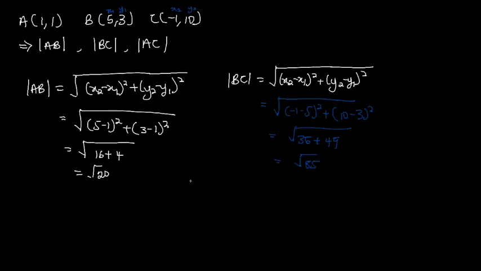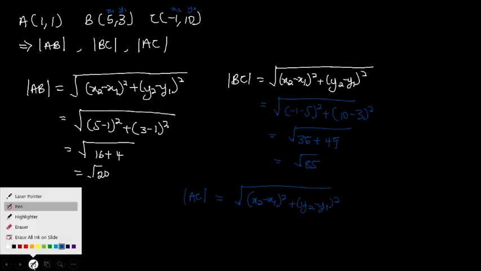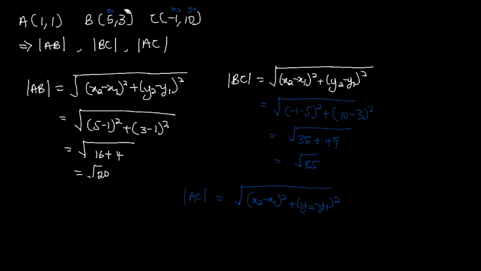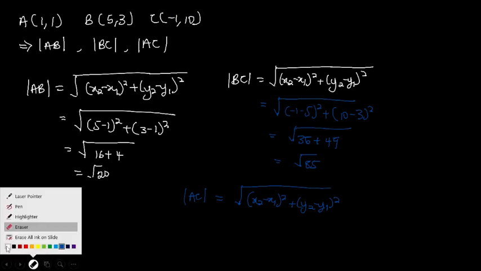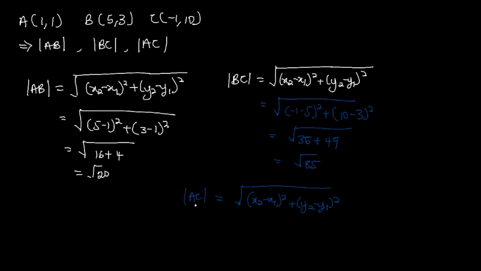Now the last one is to find AC. So for AC, the formula is still the same, x2 minus x1 all squared plus y2 minus y1 all squared. Alright, so since we have A and C, A becomes x1 y1, then this becomes x2 y2.